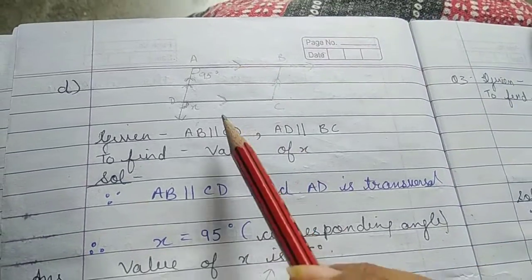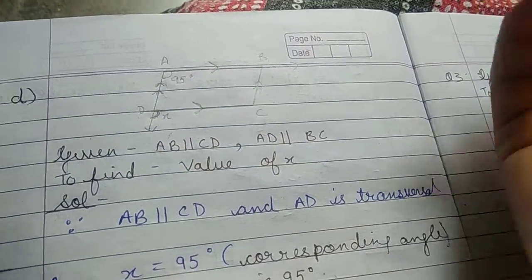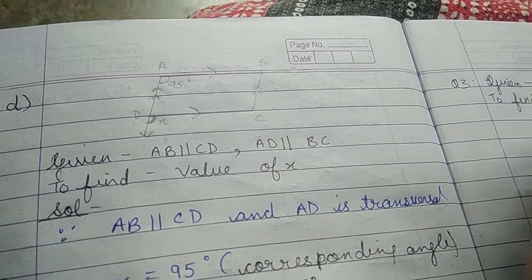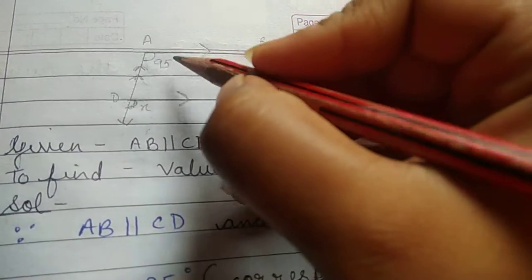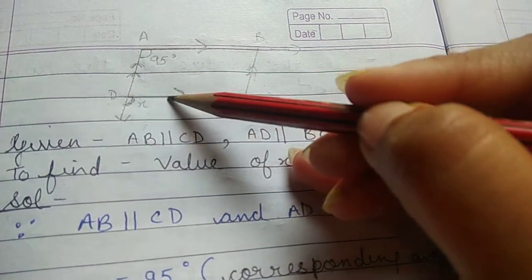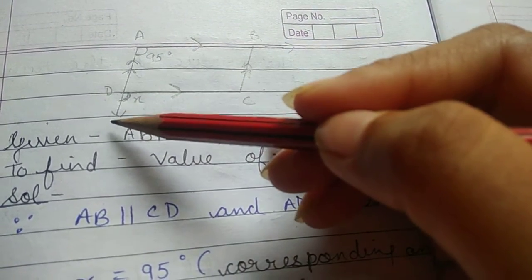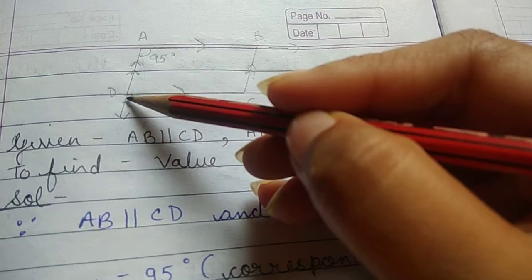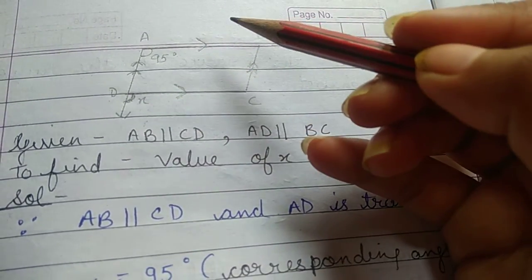Alright, so since AB is parallel to CD and AD is transversal, so now we have studied the properties, so we will use one of them. That would be how much, see, if AB is parallel to CD and AD is transversal, so this X is what? X and 95 are on the same side of the transversal.